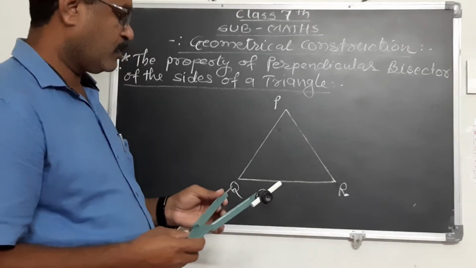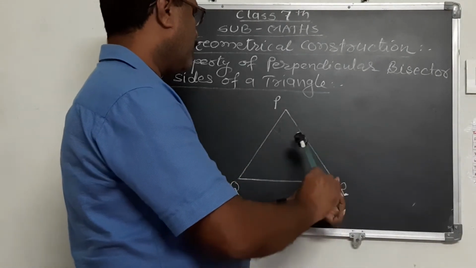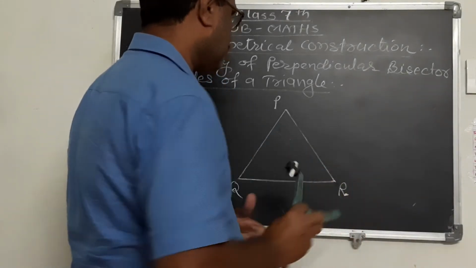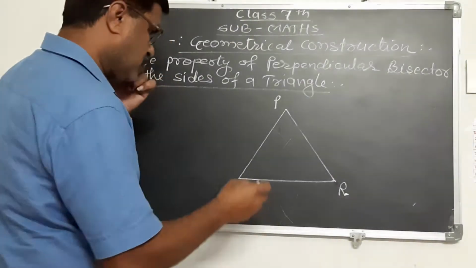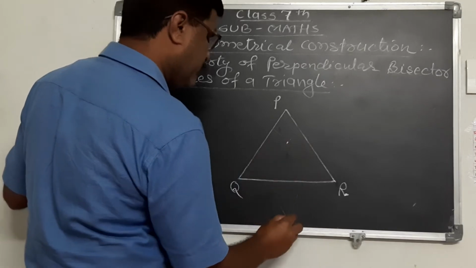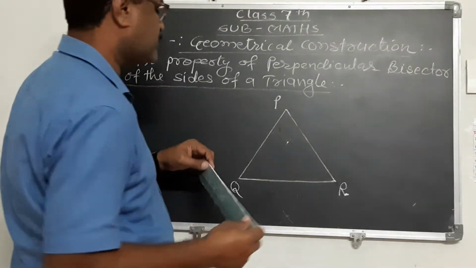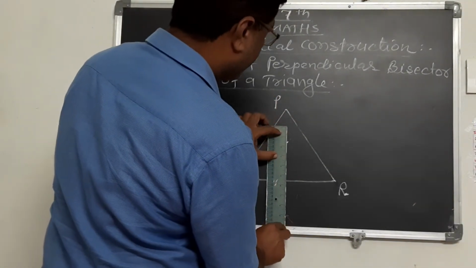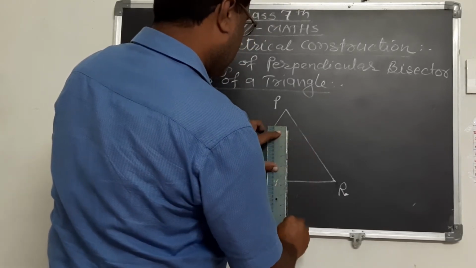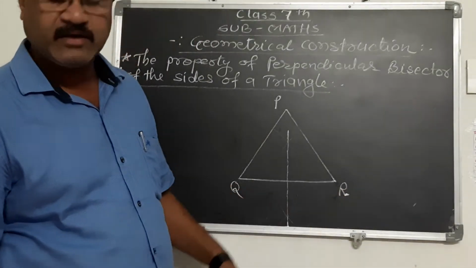Now this distance remains constant, put the compass point on R, and cut above and below in such a way. From both the cuts we find the points, and these points are joined with the help of a scale, and we get the perpendicular bisector of this side QR.